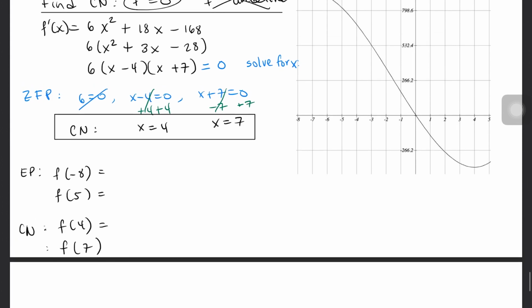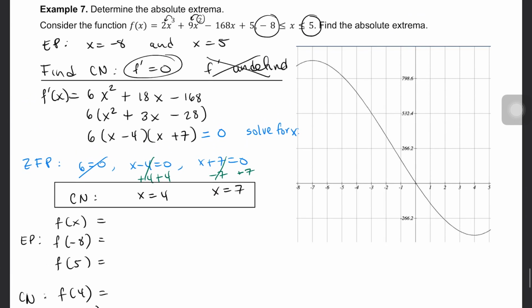So let's take the original function and write it up here: 2 times x cubed. I said x cubed, but I wrote square. Plus 9x squared minus 168x plus 5. For every single one, we're going to replace x with negative 8.